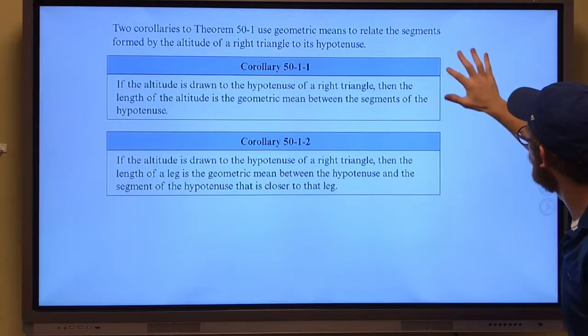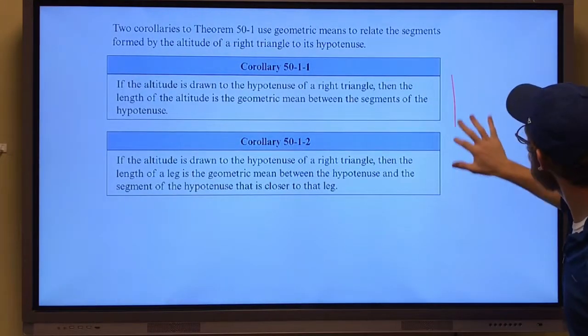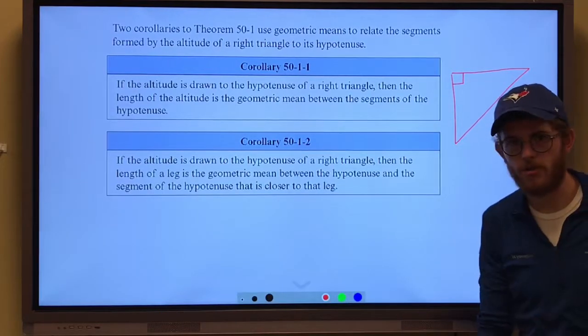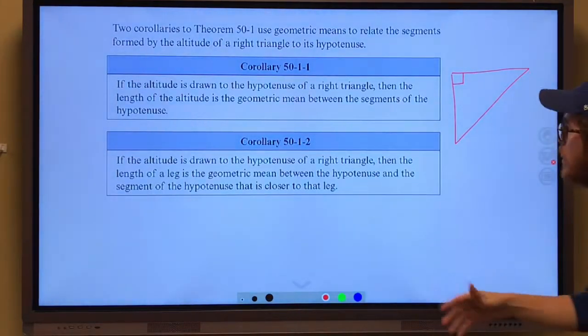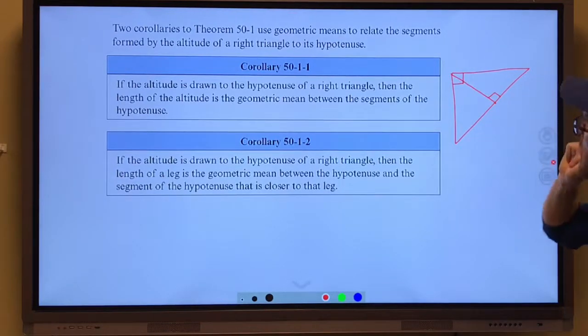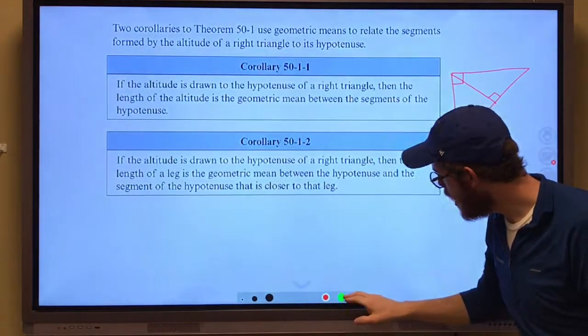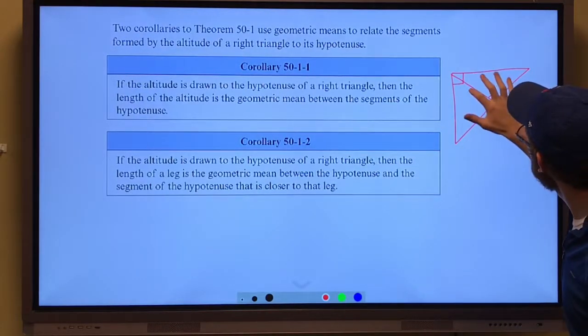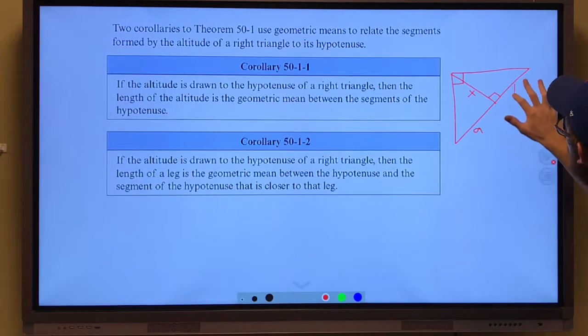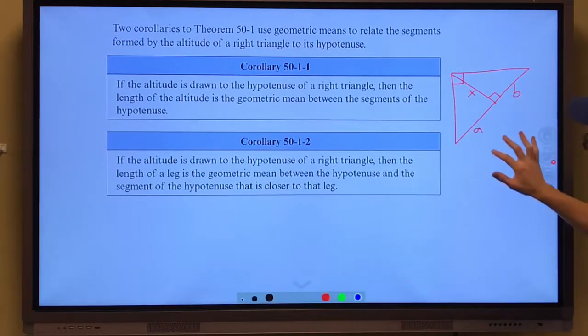So let's draw this out. Here's a right triangle. You can draw that right triangle however you want it oriented, but we have a right angle. If I draw the altitude to the hypotenuse, I know the altitude is the geometric mean of the two segments of my hypotenuse.